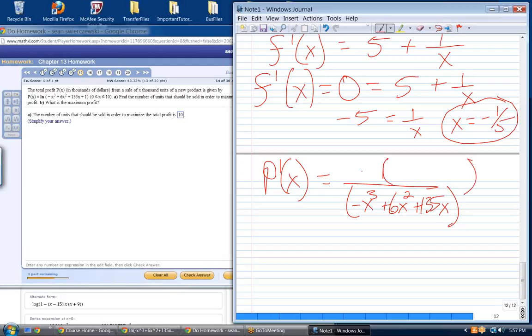Well, the derivative of the inside is minus 3x squared plus 12x plus 135. That's the chain rule. When you take the chain rule, you take the derivative of the outside times the derivative of the inside. Okay, so this is our function. Oops, I forgot the plus 1 down here.